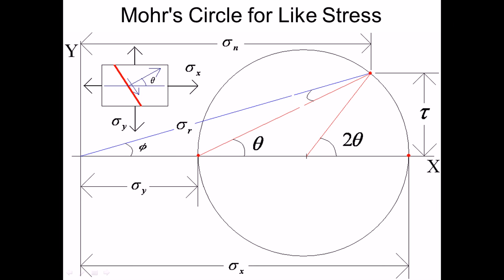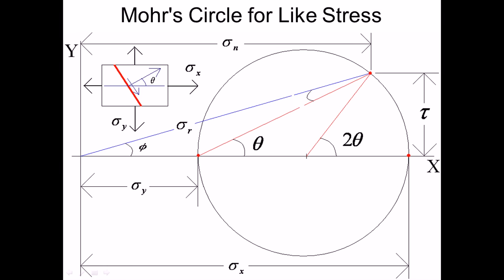First, locate the vertical plane as well as the horizontal plane. We have to see what stresses are acting in the vertical plane. In the vertical plane sigma x is acting and tau xy is acting with magnitude 0. So from the origin you go the sigma x value, then at this point you mark the tau value.